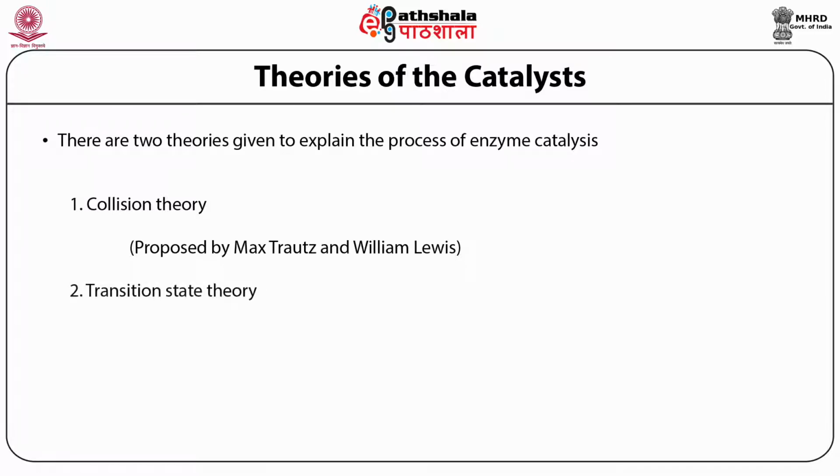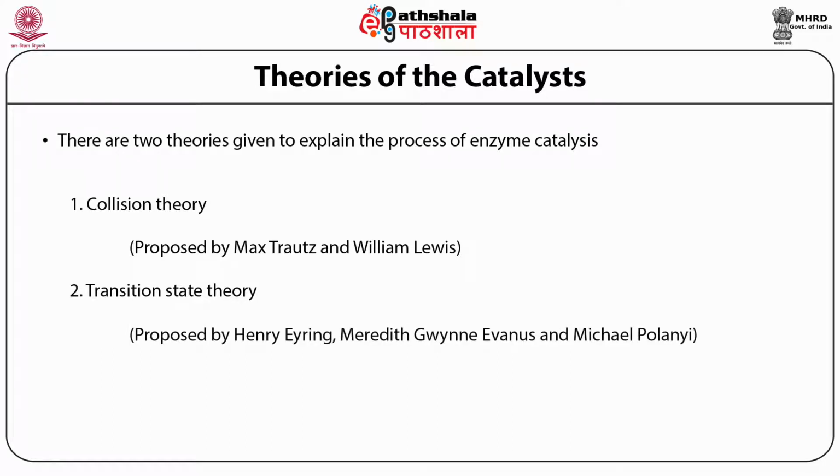The second theory is transition state theory, which is proposed by Eyring, Evans and Polanyi. This theory is based on formation of a transition state during the conversion of reactant into the product. So we will discuss each theory one by one. We will also discuss the significances and limitations of the different theories.